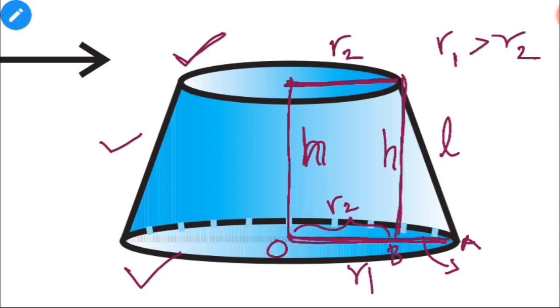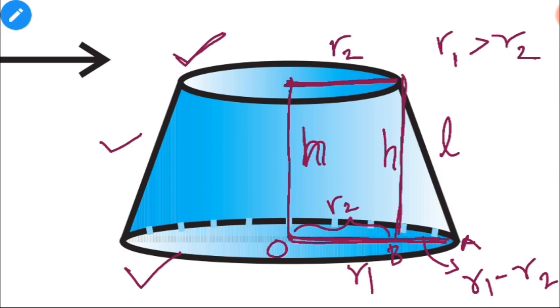Clearly the length of AB is R1 minus R2. BA equals OA minus OB, so it equals R1 minus R2. So the length of BA or AB is R1 minus R2.